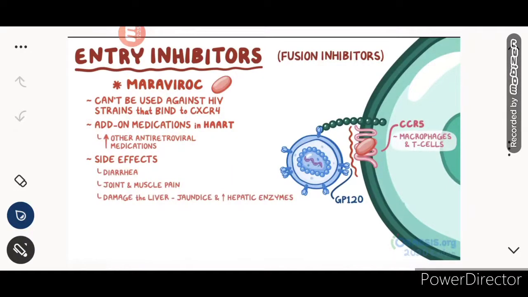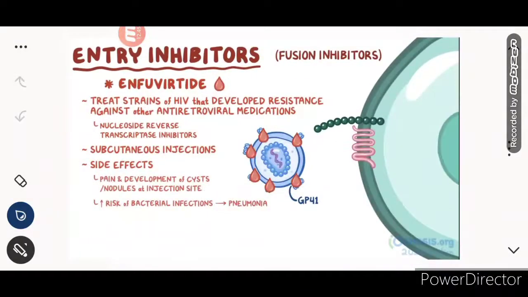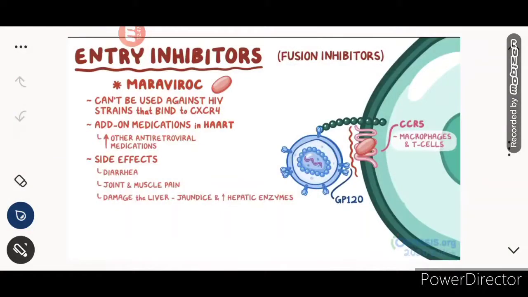The main side effects are diarrhea, joint and muscle pain, and liver damage that causes jaundice, and elevation of other hepatic enzymes. So the liver function test, or LFT, should be done from time to time to prevent such complications. Maraviroc and enfuvirtide, these are the two examples of the entry inhibitors.